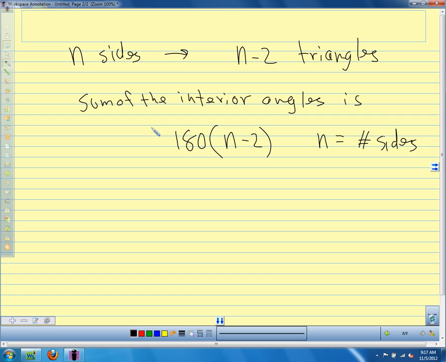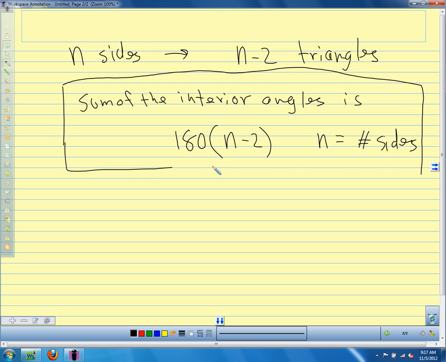So this is our first important formula. The sum of the interior angles of a polygon is 180 times n minus 2, where n is the number of sides.